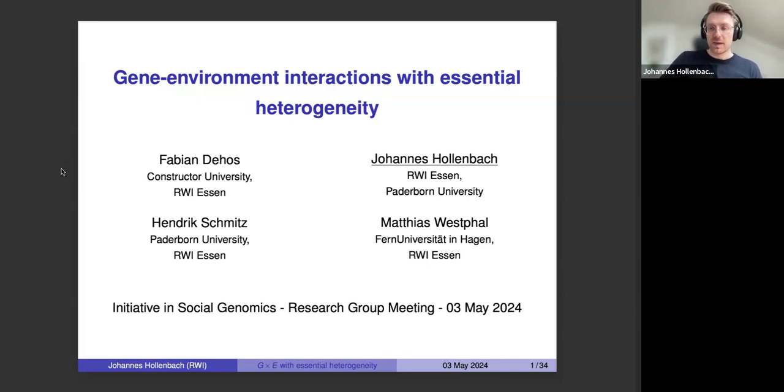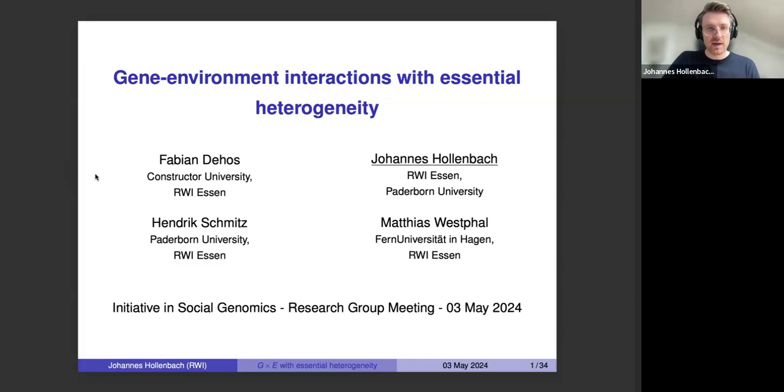As we got more and more into the literature, we started being interested in many more outcomes and many more choice gene interactions. It culminated in what you'll hear today, which is us trying to somehow marry the gene environment literature with the Heckman world of heterogeneous treatment effects and selection in a treatment.